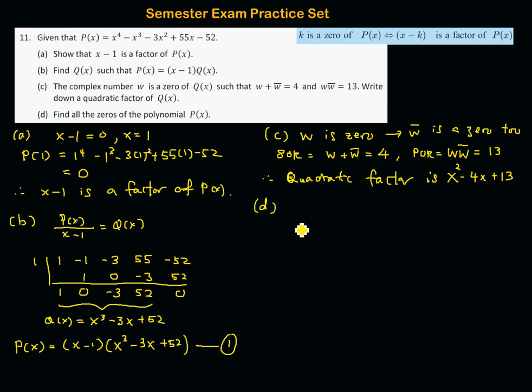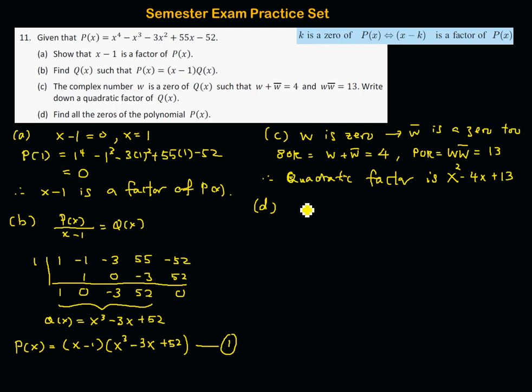And lastly, for the last part we can actually use a calculator to help us, but I'm going to show it algebraically. Now they ask you to find the zeros of the polynomial. In part A we showed that 1 is a 0. We also have this cubic factor. In fact, we have our quadratic here.